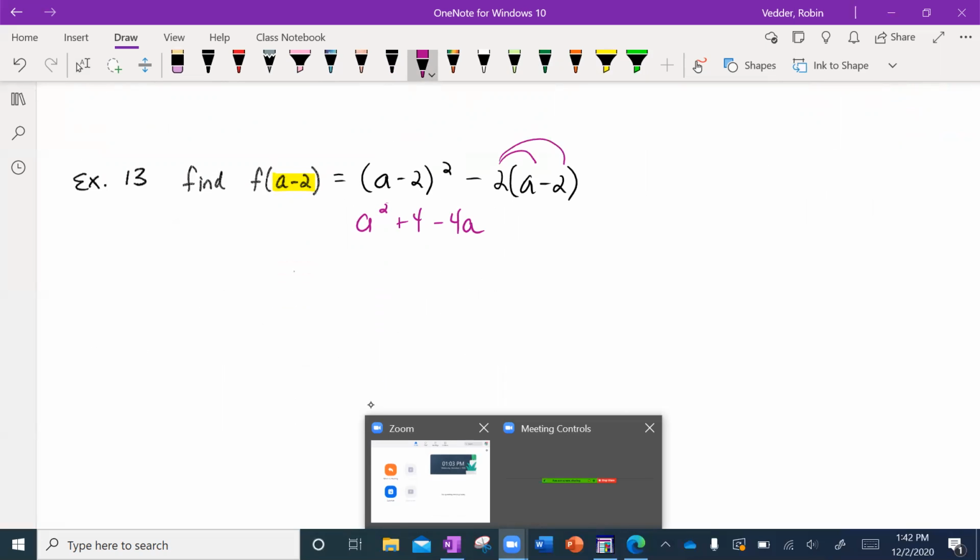Finally, if we distribute out the negative 2, we get negative 2a, and negative 2 times negative 2 is a positive 4. We finish it out by combining like terms. We get a squared minus 6a plus 8.